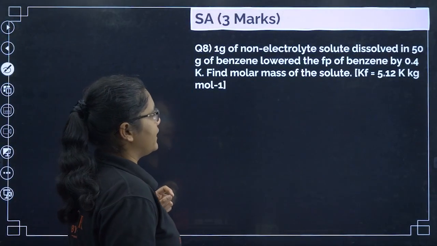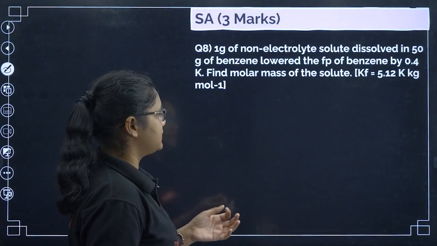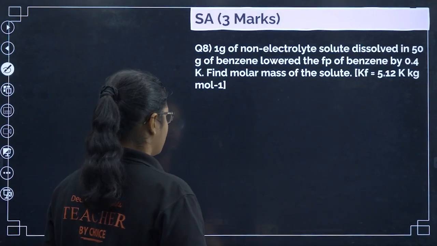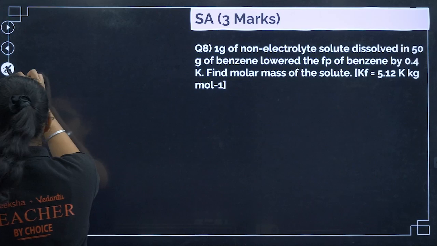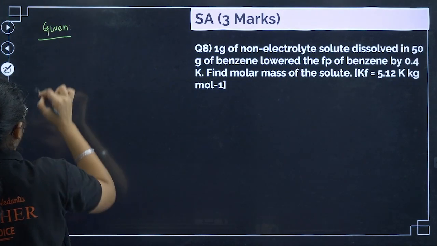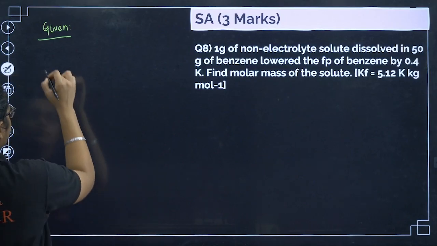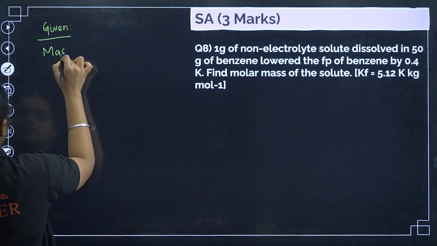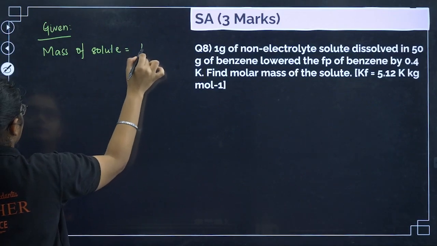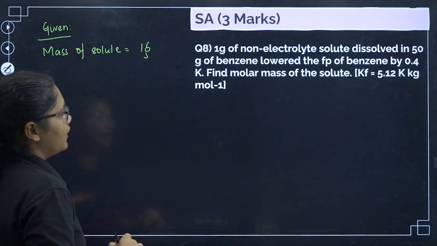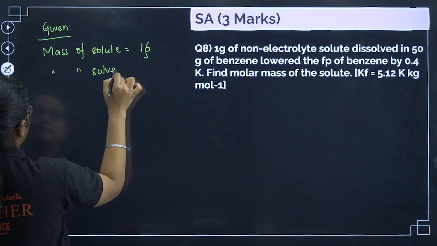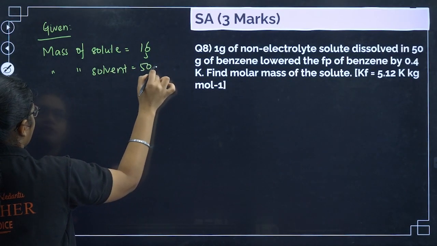1 gram of non-electrolyte solute is dissolved in 50 gram of benzene. It lowered the freezing point of benzene by 0.4 Kelvin. Find the molar mass of the solute. Again, if I note down the given values: mass of solute is equal to 1 gram, dissolved in 50 gram of benzene, so mass of solvent is 50 gram.